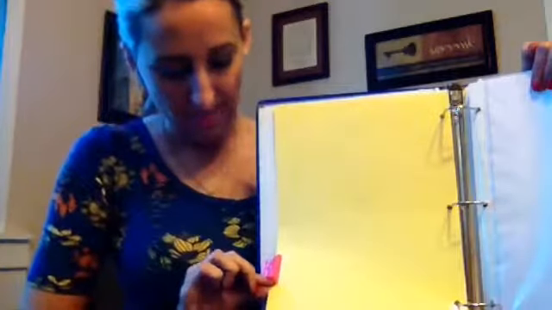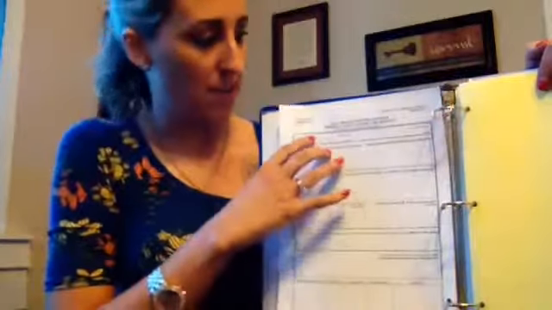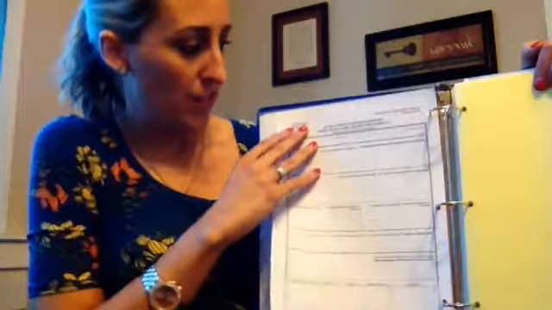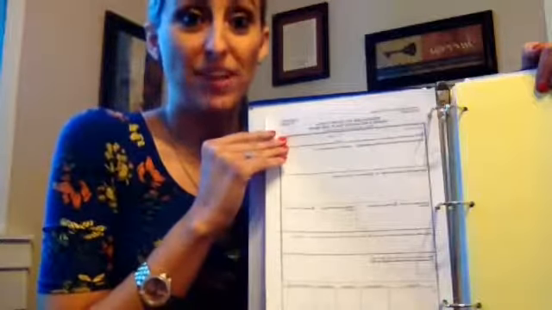All right, and then medical. So your child might not have medical issues, and that's awesome. But if they do, you want this section. So this is like a template of an individualized healthcare plan that the school nurse will write on your child about their diagnosis or any medications that they have.